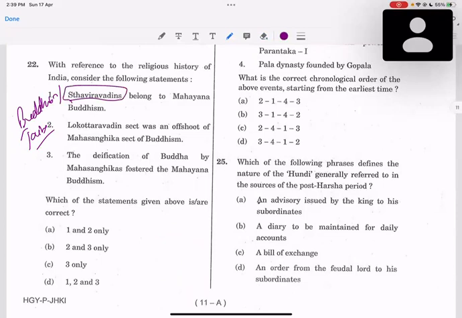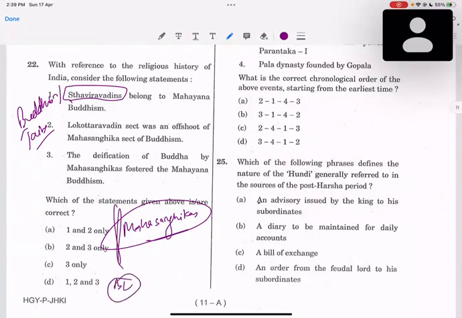Staviravadins. Sorry, not known as Mahasangikas, it's another part. Basically, during the Second Buddhist Council, Buddhism was divided into two parts: Staviravadins and Mahasangikas. Staviravadins follow rigorous rules of conduct, and Mahasangikas do not. They acted as the precursor for Mahayana Buddhism, which we'll find was formed in a future Buddhist Council.